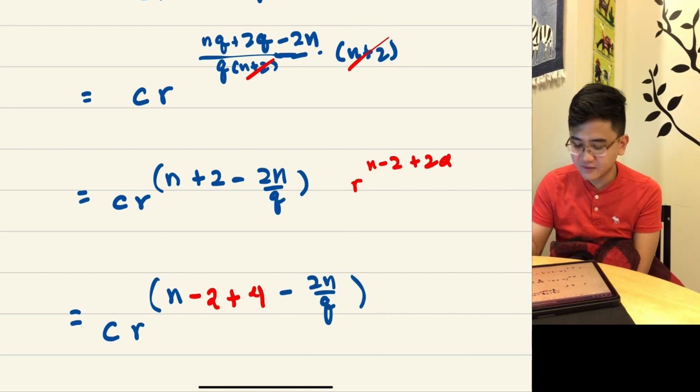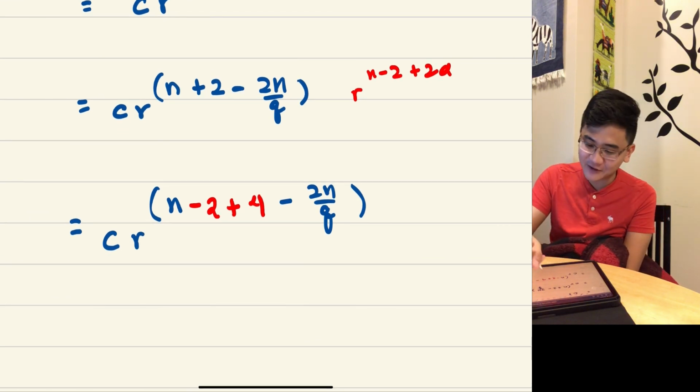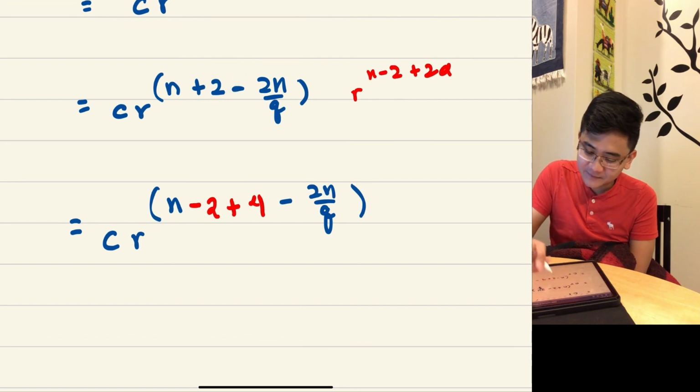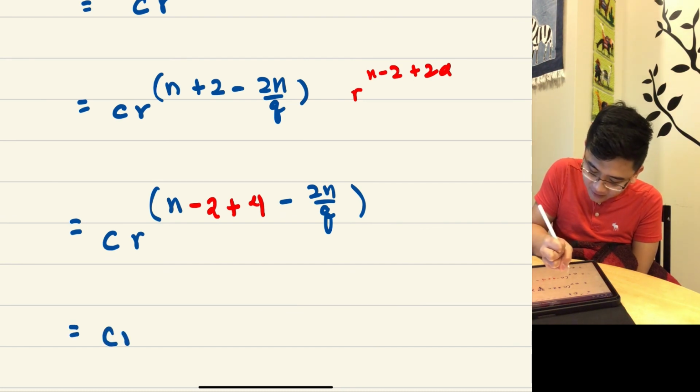In analysis, you see a lot of these sort of cheats. So I'm just writing 2 as negative 2 plus 4, so that I can write this as c r raised to n minus 2.